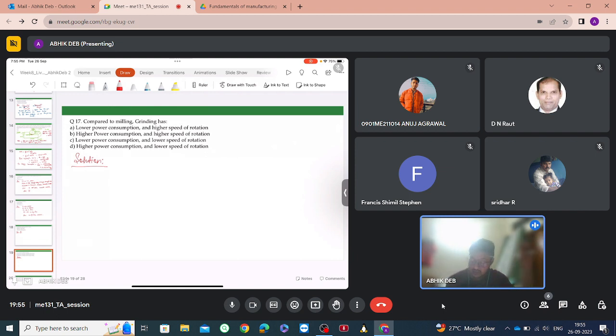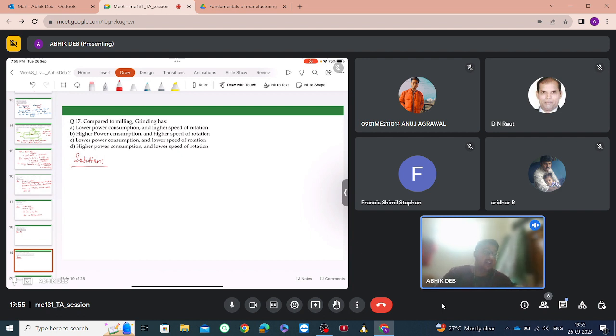There will still be a range, right? The milling operation is carried out in general at a speed of around 200 to 250 revolutions per minute, but the speed can go up to 1000, 1200 maximum. Yes, 1000 revolutions per minute in a vertical milling machine. Yeah, that's what I am saying. So it is maximum around 1000.